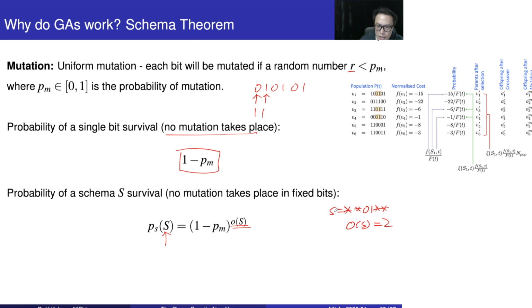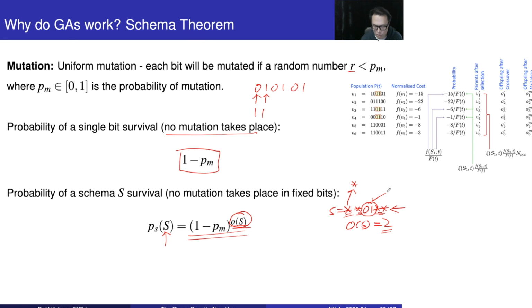If it is a star, no matter whether we perform mutation or not, it will remain a star, because star means 1 or 0, so we don't care about mutation at that position. We only care about the fixed positions. That's why the probability of survival of this schema S is 1 minus PM to the power 2. So we only care about this.